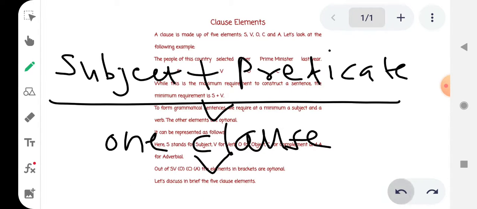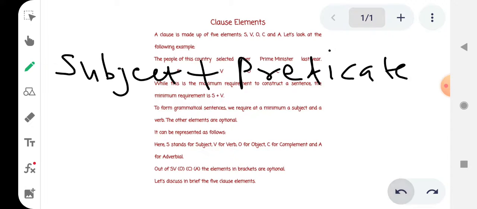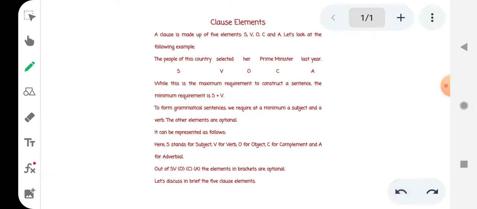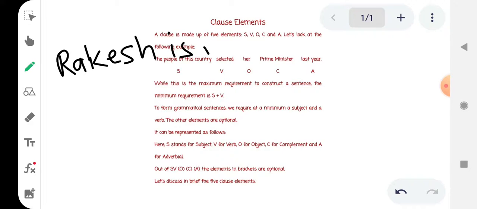Now we'll take a single example, as we have taken earlier. Similar to that, Rakesh is my friend.